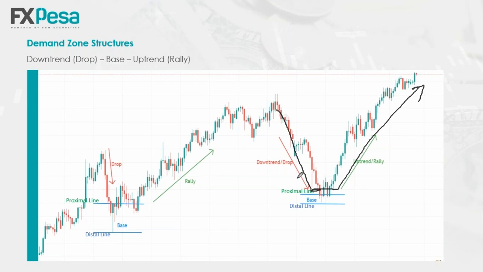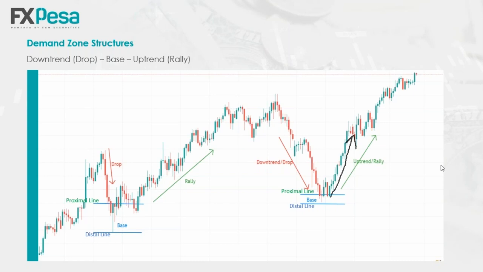So with drop base rally, ideally you are targeting for situations where the market has reached a particular level. The market forms very few candlesticks, but upon formation of those few candlesticks, you want a situation where the price has formed a very huge rally emanating from that particular zone.